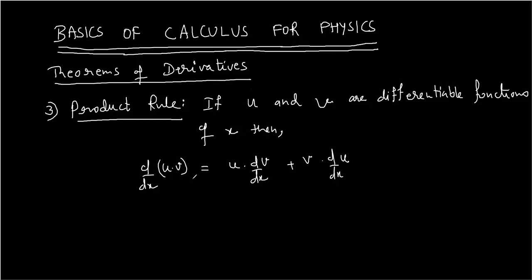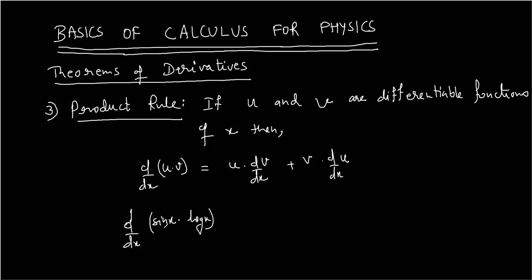So what have I done? Let me explain this. See students, when you are differentiating, we have got d by dx outside the bracket, and here we have product of two functions. u and v are multiplied. Like suppose I consider u as sine of x and v as log of x. So I have d by dx of sine of x multiplied to log of x.